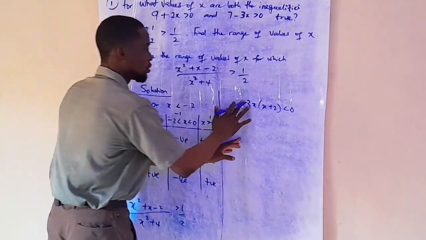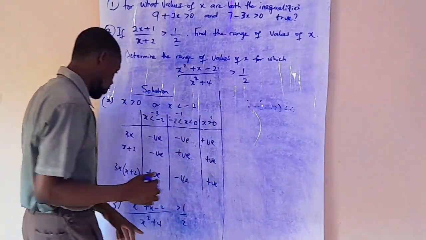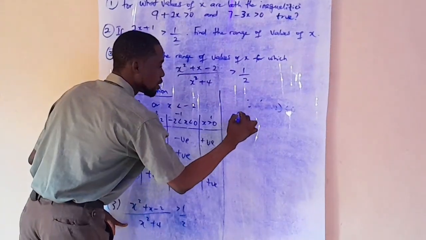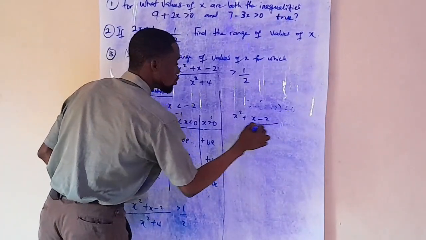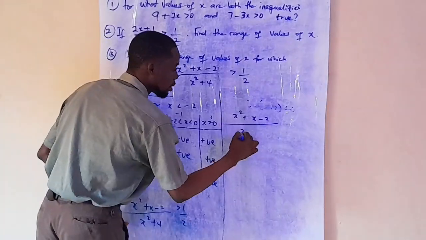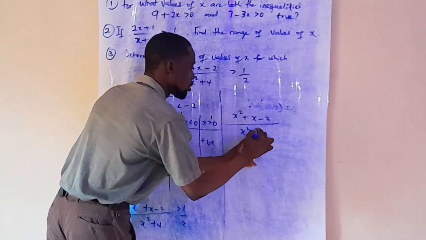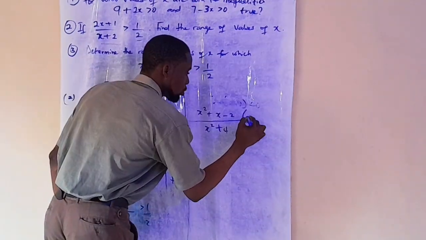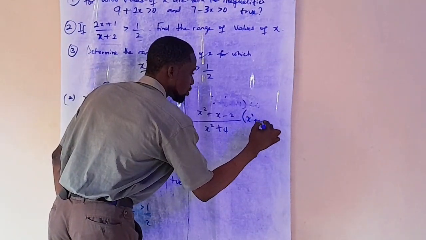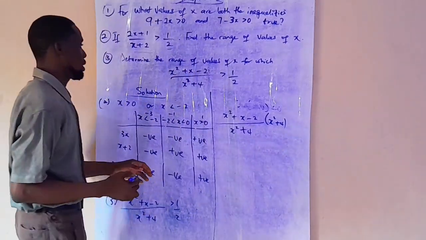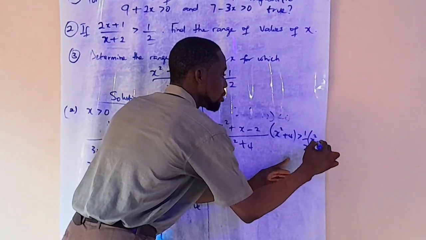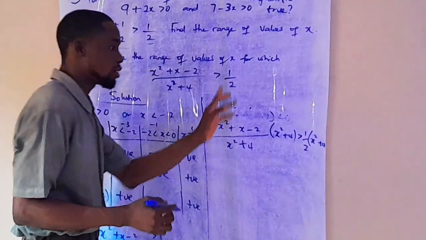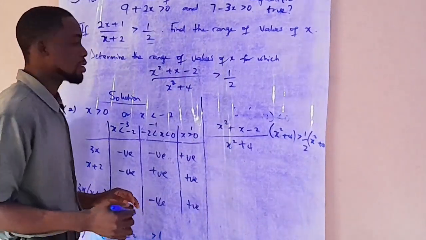To have x squared plus x minus 2 all over x squared plus 4, into x squared plus 4, greater than 1 over 2 into the same x squared plus 4. Now, you can close the bracket at that end.